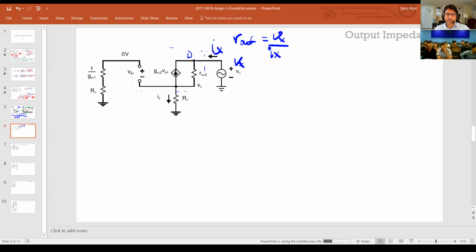So if I use KCL and write the first equation here, Ix is equal to GM2 times VGS, but VGS is nothing but minus VS. So let's call this node VS, the source node, because the gate node is grounded, because it's just a constant voltage. So small signal wise, the gate node will be grounded.